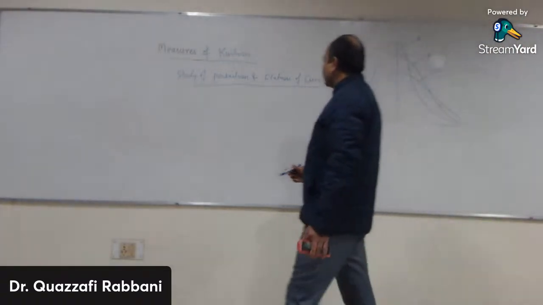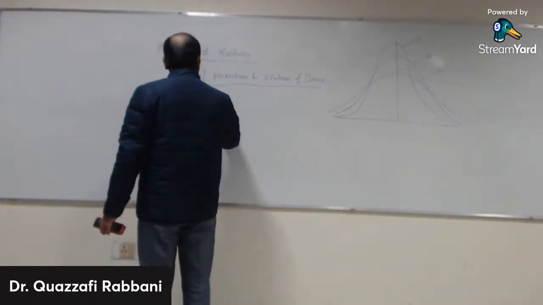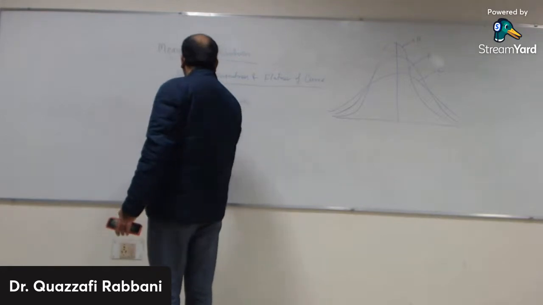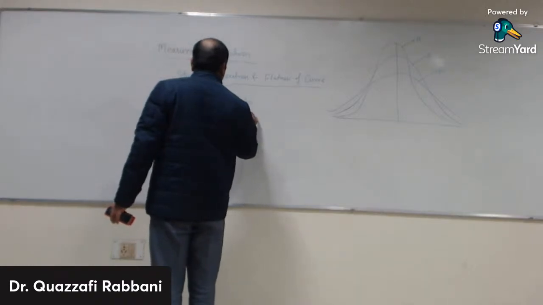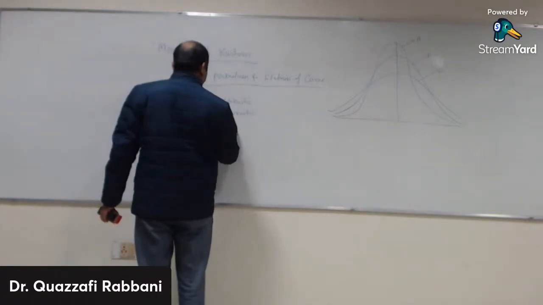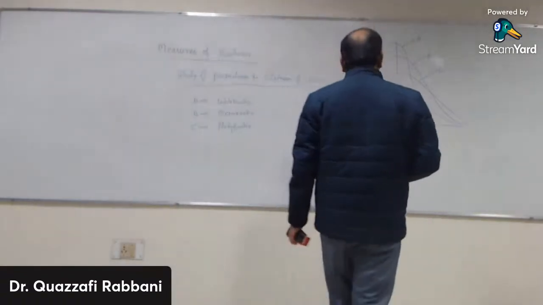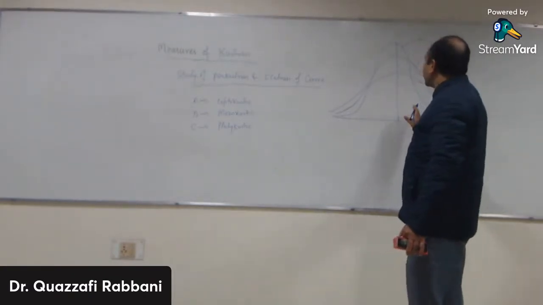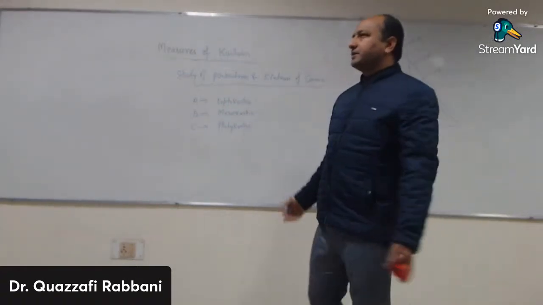So curve A is known as leptokurtic, B is known as mesokurtic, and curve C is known as platykurtic. In leptokurtic, the variation is less in comparison to mesokurtic, and in platykurtic the variation is high.